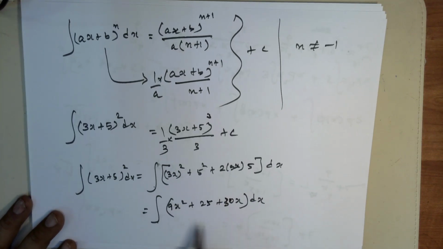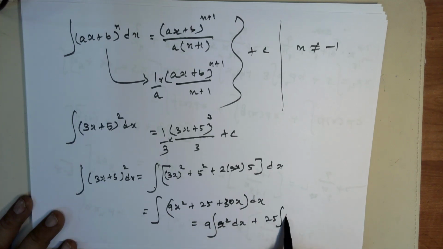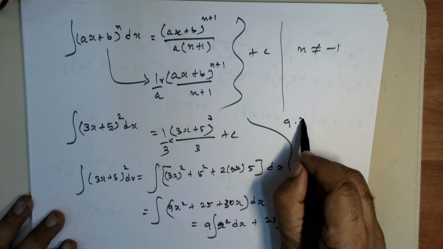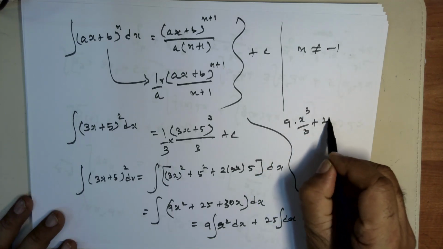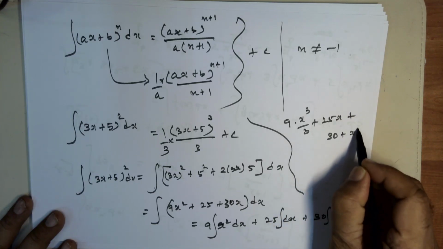Now you can integrate, splitting all: 9x squared of dx plus 25 of dx plus 30 of x dx. Are you able to follow? Now 9, and x squared means x cube divided by 3, plus 25x, plus 30 times x squared by 2.